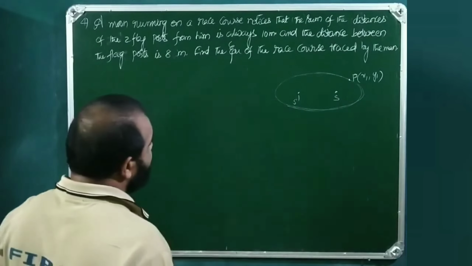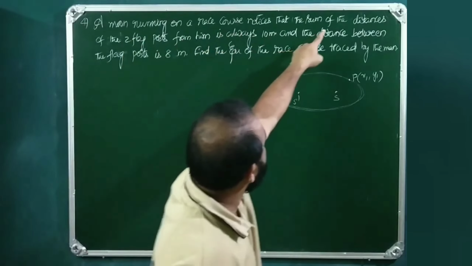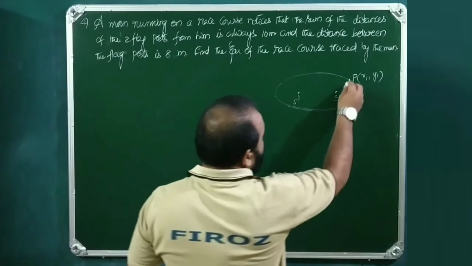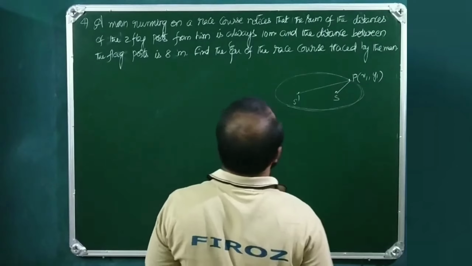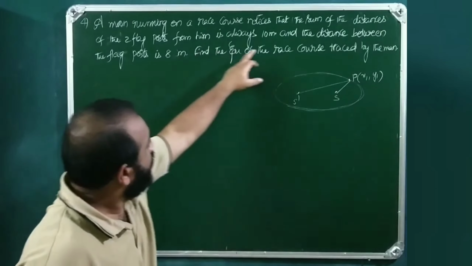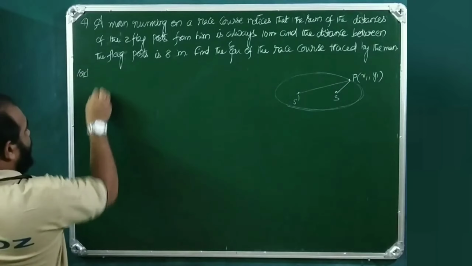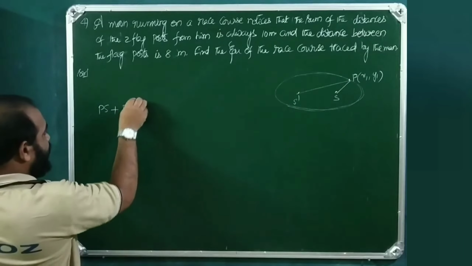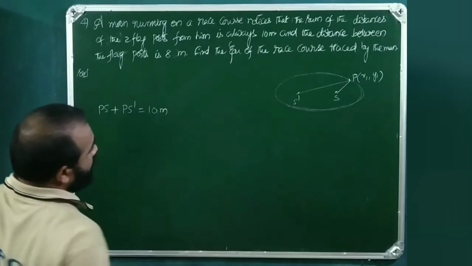Now what is given is the sum of the distances of the two flag posts from him. So that means PS dash plus PS is equal to 10 meters, given.